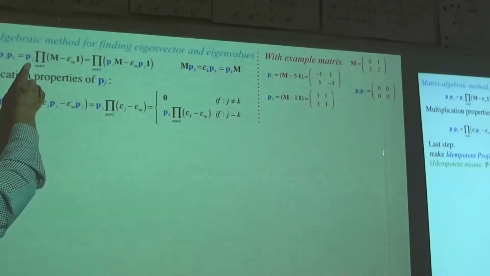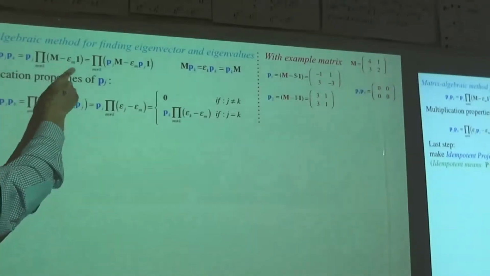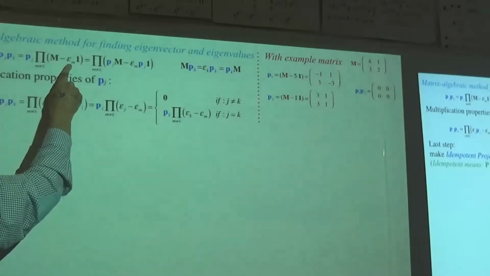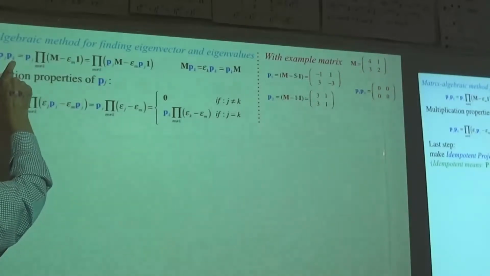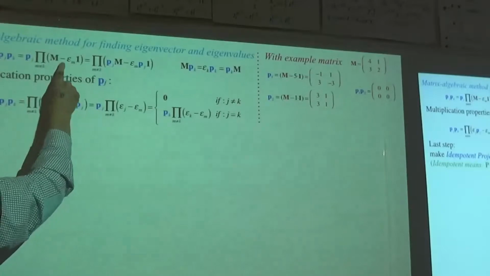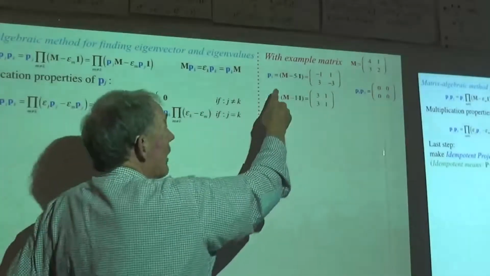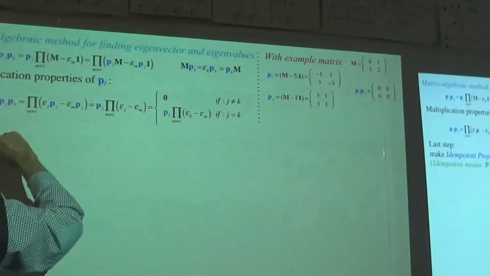But the idea is that, okay, I take Pj times, now what this is going to be is a product of M minus all of the eigenvalues except the one we're interested in for Pk. So all M except k is in this product. Well, for us that's only one thing, the other factor, just there. No product sign needed.